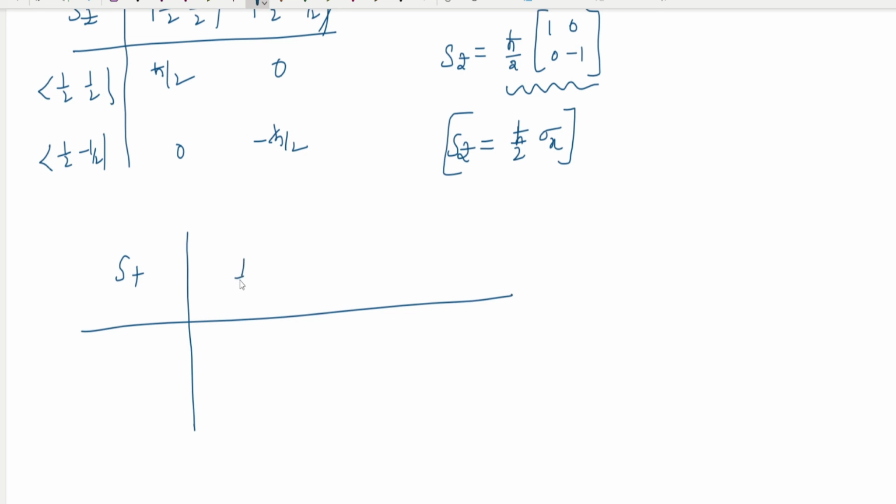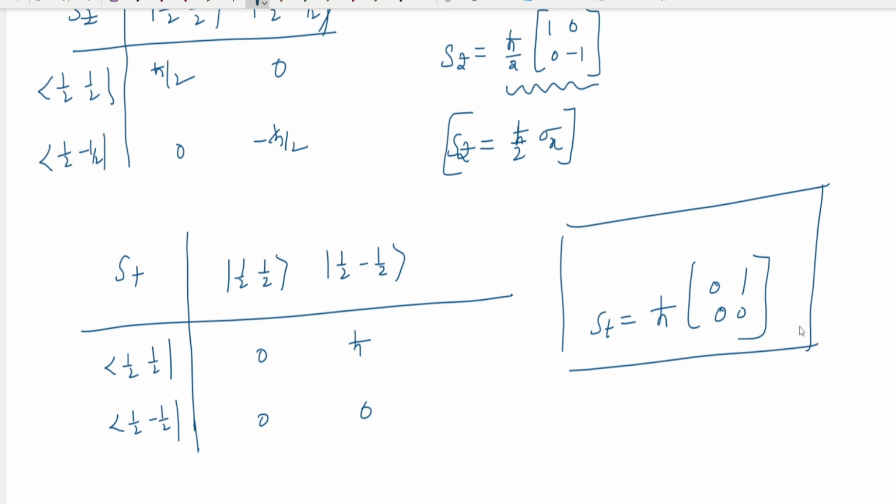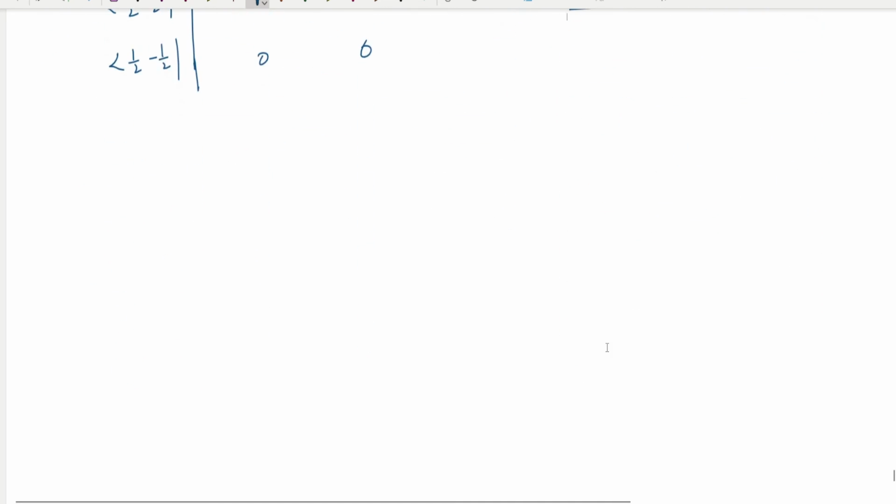So with the states 1 divided by 2, 1 divided by 2, and 1 divided by 2, minus 1 divided by 2 on both sides, for S plus this entry is 0, and here I got h cross. S plus is equal to h cross times 0, 1, 0, 0. So remember this one. If you want to know Sx and Sy, you need to know S plus first.